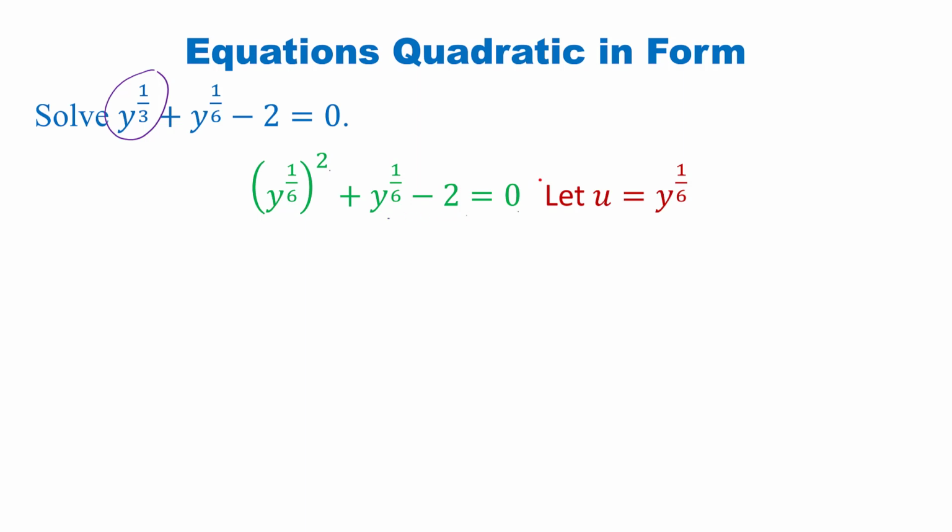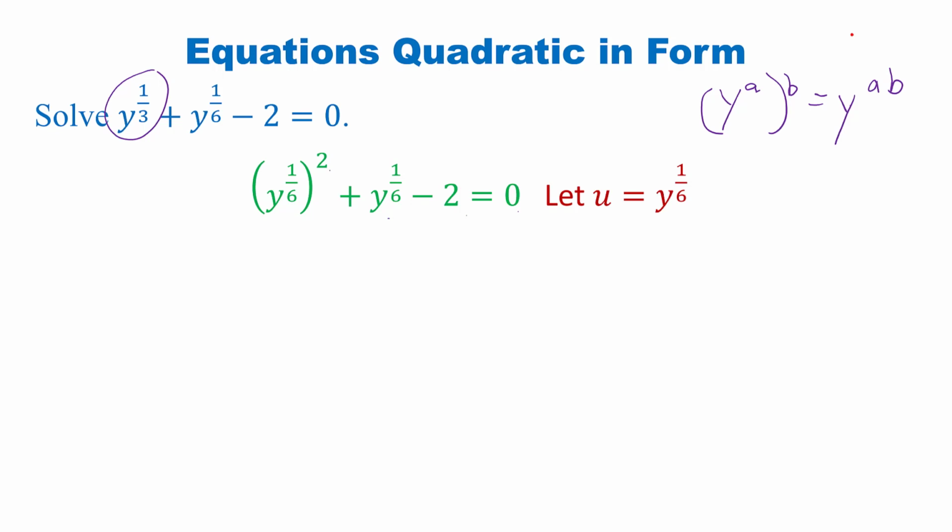If you need to review also some rules of exponents, remember if we have y raised to the a, then raised to the b, that's the same as y raised to the power a times b.